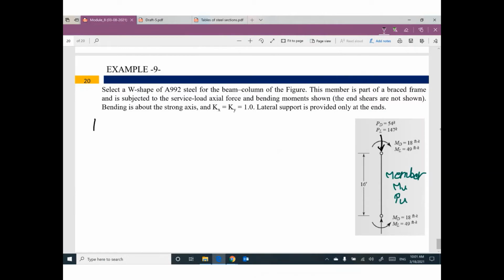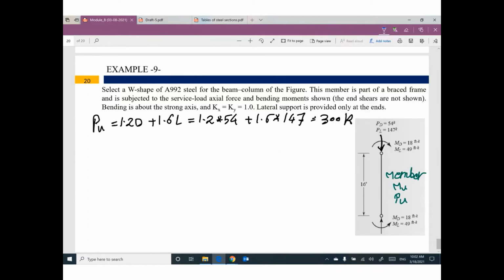So I can figure out the value of P ultimate equals 1.2 dead plus 1.6 live. 1.2 times 54, 1.6 times 147. So the value of P ultimate will be 300 kip.